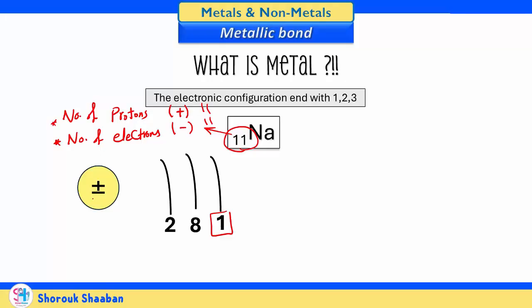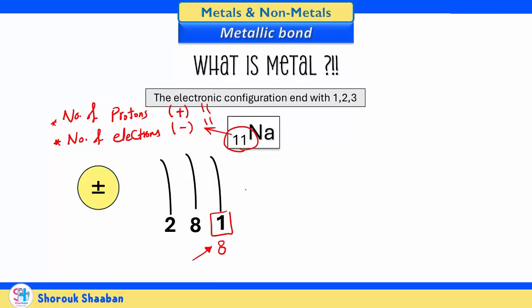Another thing we have to remember, we said for this metal which has one or two or three electrons, or even for non-metal, any element will tend to go into a chemical reaction in order to have how many electrons in the outermost energy level? 8 electrons. Any element wants to have 8 electrons in the outermost energy level in order to be very stable, very relaxed. So here, is it 8 in the last level?